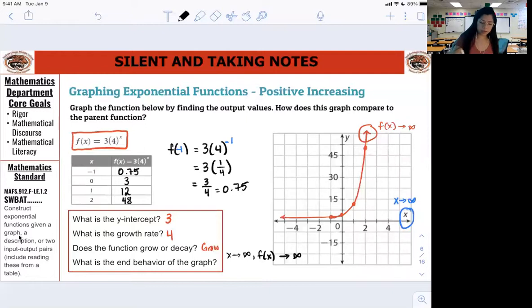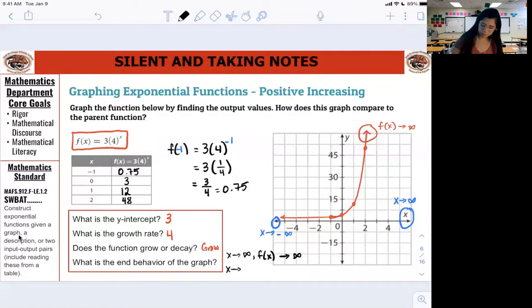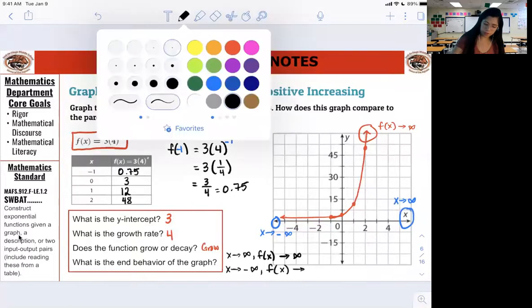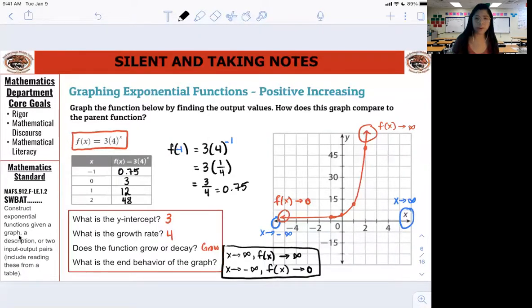On the other side, as x approaches negative infinity, so on the left side, where's our function trying to go but never going to reach? 0. F of x approaches 0. So that is my end behavior, and it's exactly the same as the parent function.